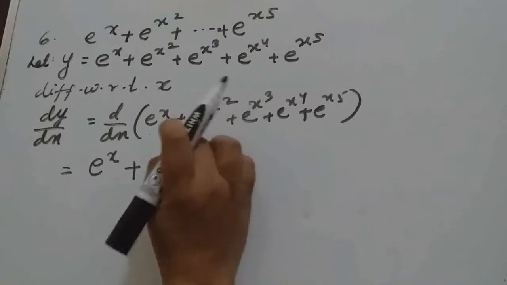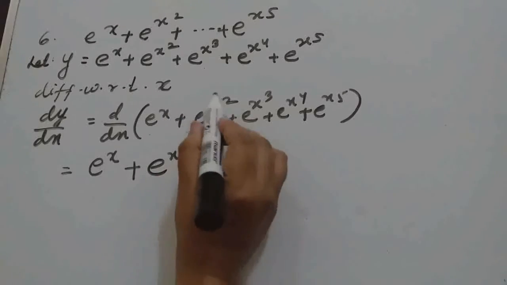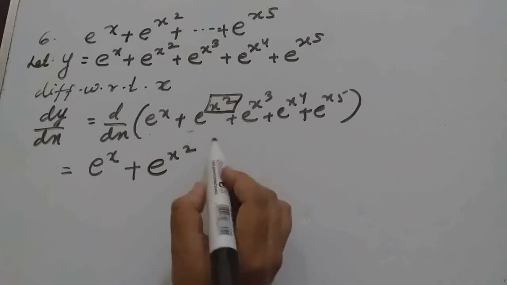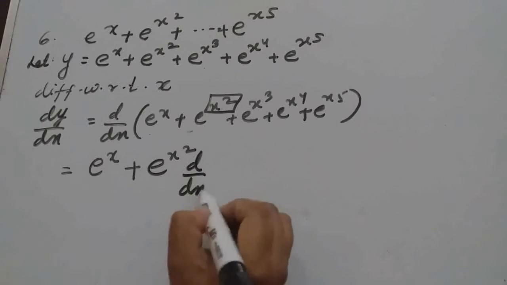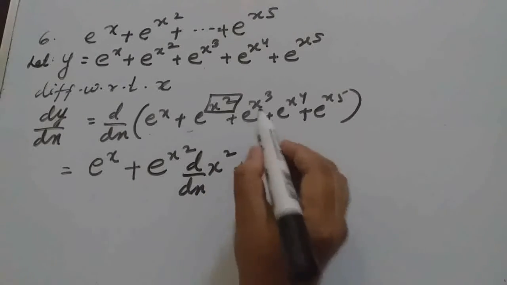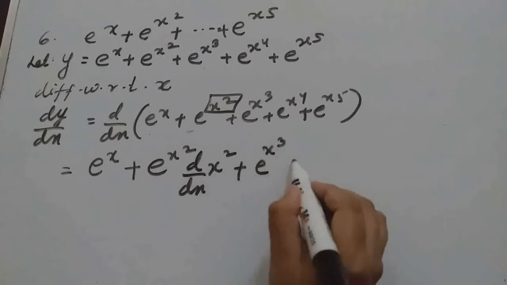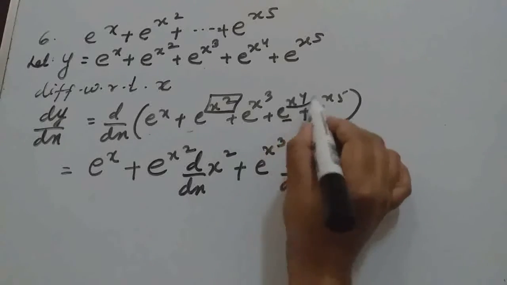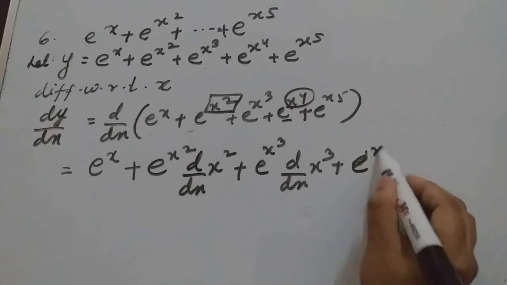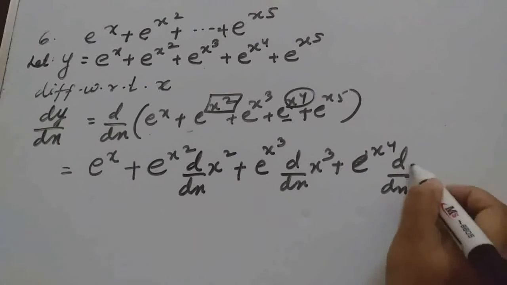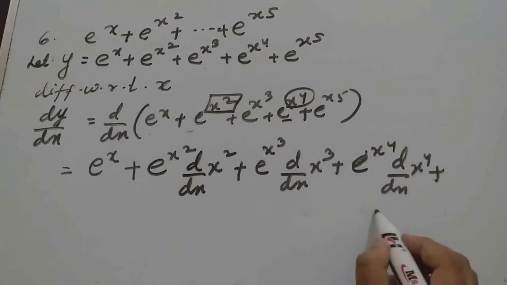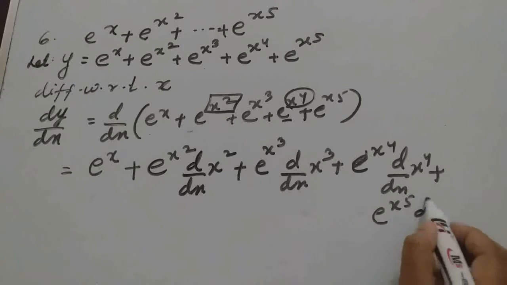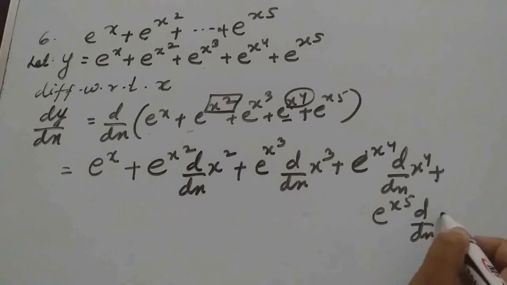This also will have the same derivative, but this function is a composite, so d/dx of x² will come. This function will have the same derivative, but d/dx of x³ will come. This function also, but d/dx of x⁴, and lastly e^(x⁵) times d/dx of x⁵.